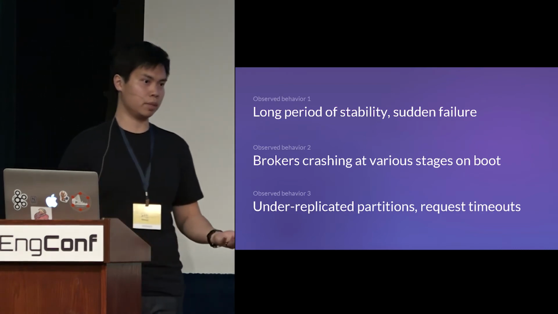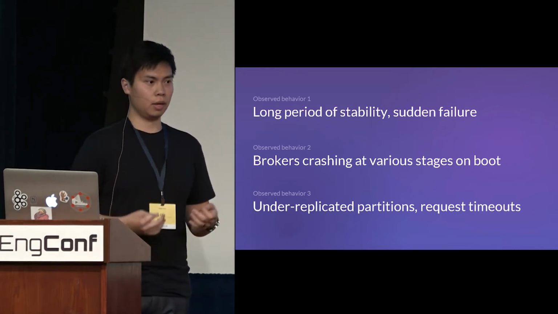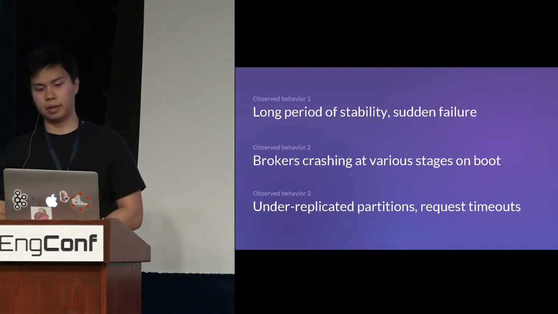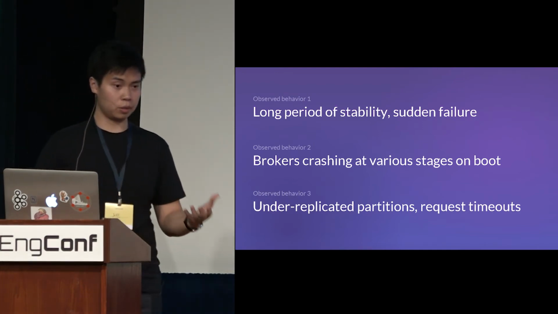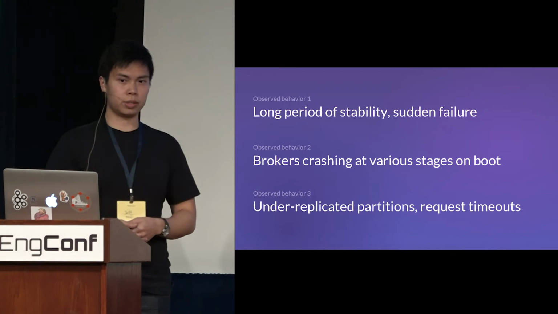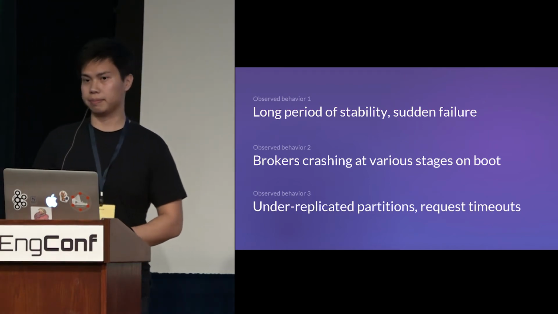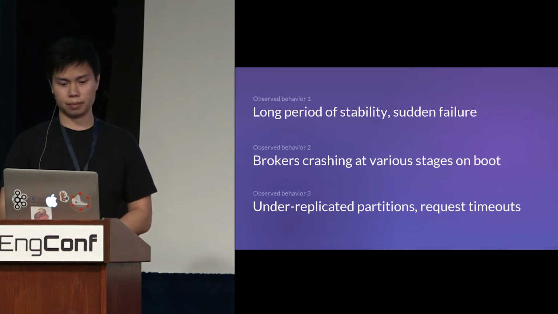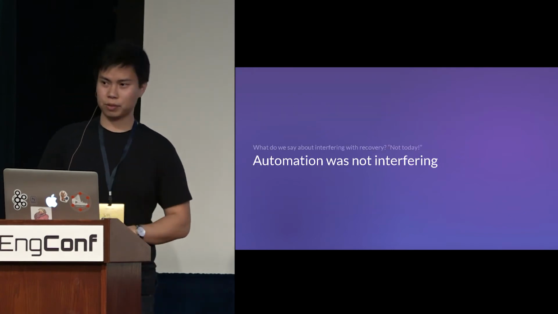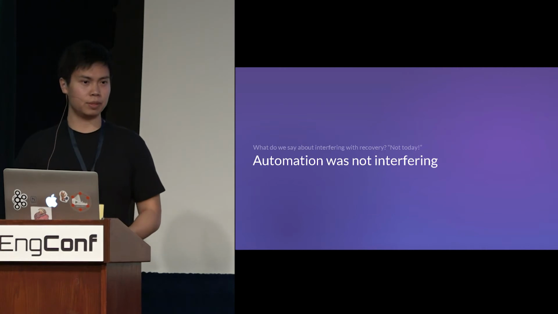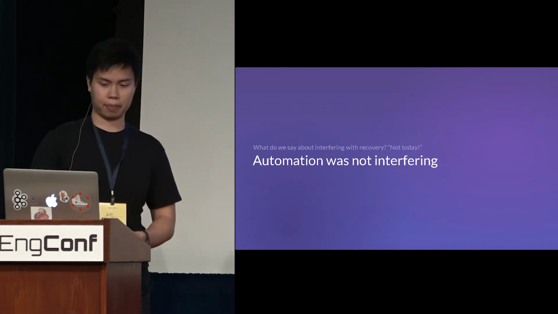So this wasn't a deterministic thing. And finally, we were seeing unreplicated partitions. And also, brokers were seeing request timeouts from various inter-broker communications. And this time it was for certain that our automation was not interfering.